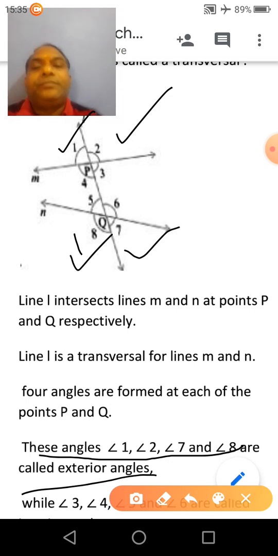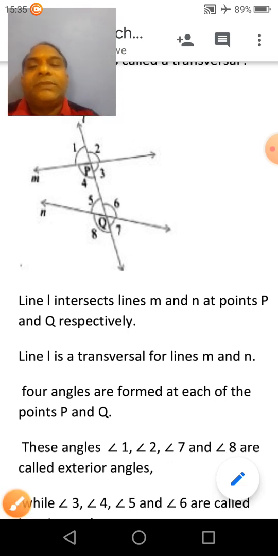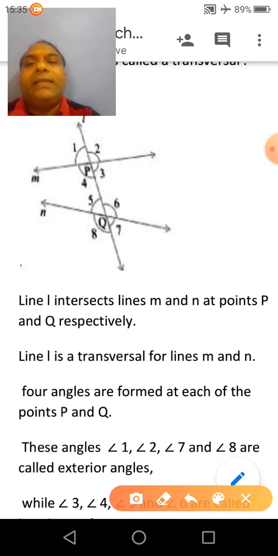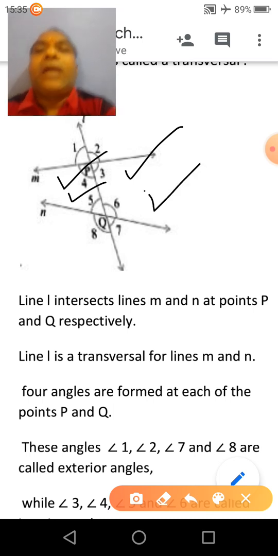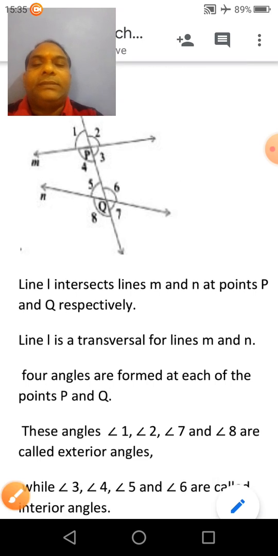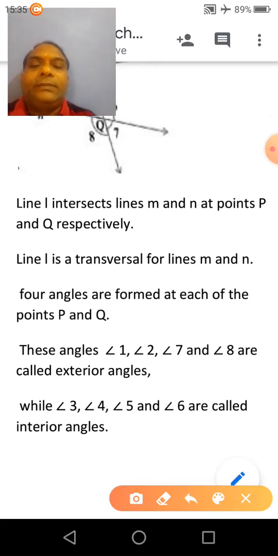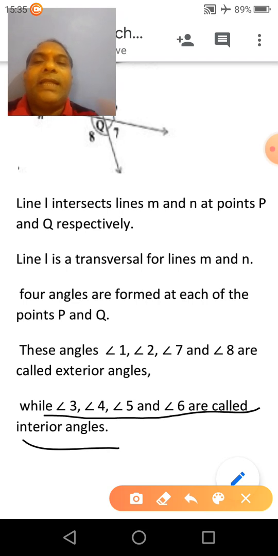Similarly, angle 3, angle 4, angle 5 and angle 6 are called interior angles. Clear?